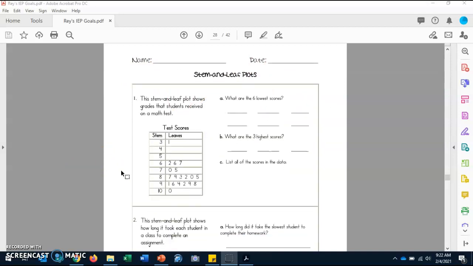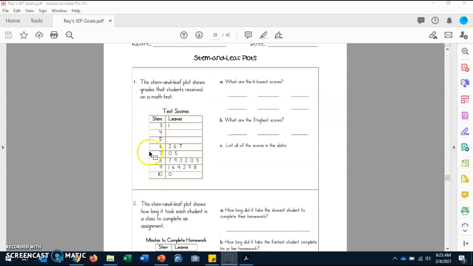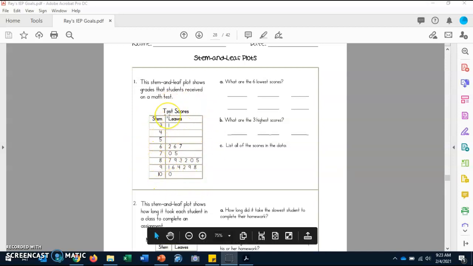And let's read what number 1 says. This stem and leaf plot shows grades that students received on a math test. So here we have the grades of the math test the students took. So here are the scores.